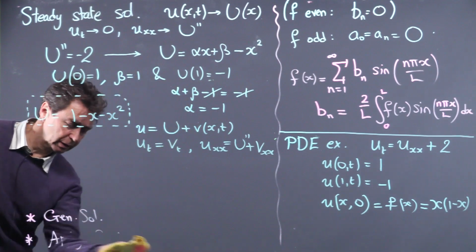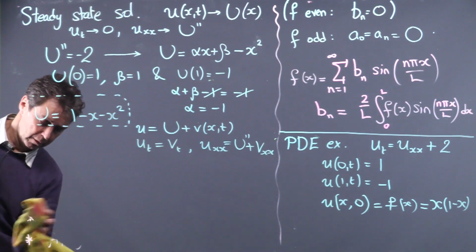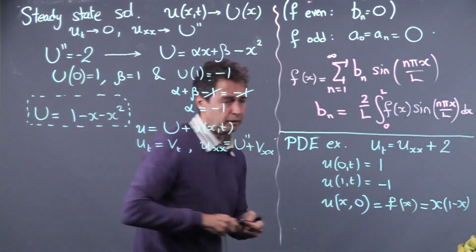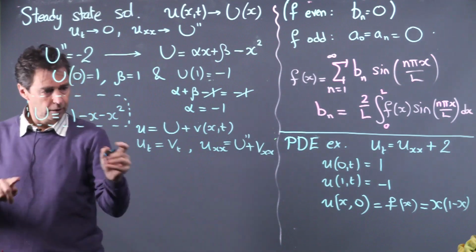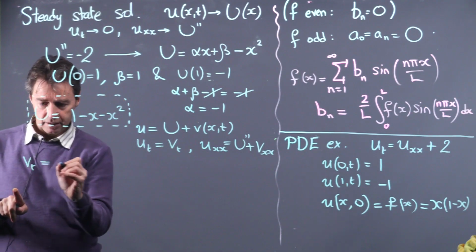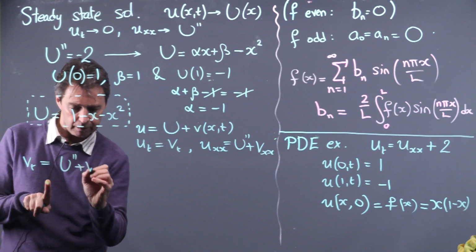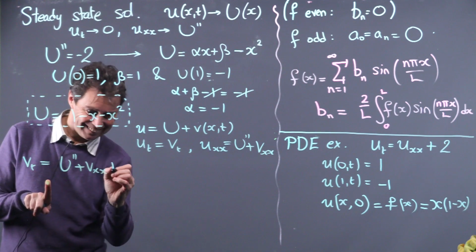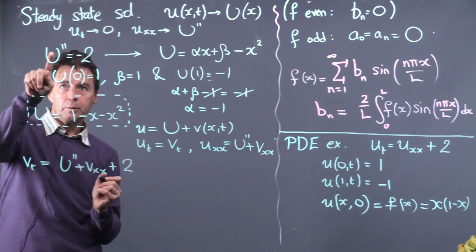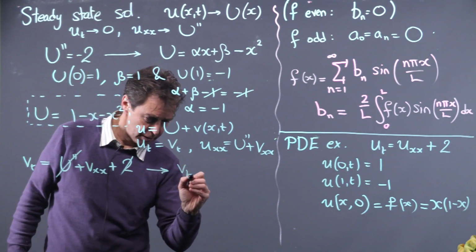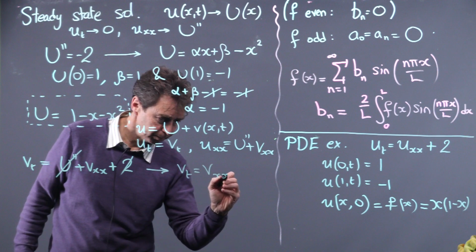So let's just check that. I have the PDE down there, so that's u_t, which is v_t, is equal to u_xx, which is this thing, U prime prime plus v_xx, and then it had that awkward plus 2, but U prime prime is minus 2, so I've homogenized the PDE.